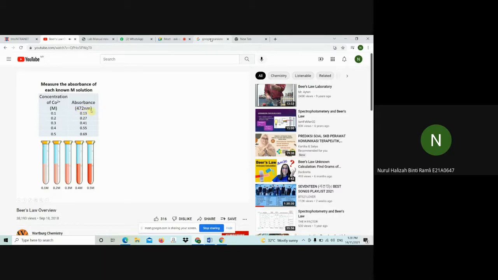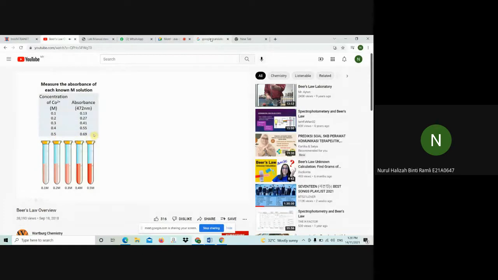This 472 nanometers lets whoever looks at my data know what wavelength of light I'm passing through the solution. The way to think about this is actually color. 472 nanometers falls in the visible range, and it's actually some green light. So I'm passing green light through these red solutions. What I hope you notice is that as my concentration increases, my absorbance also increases. So as I get more stuff in there, more of that light is being absorbed.